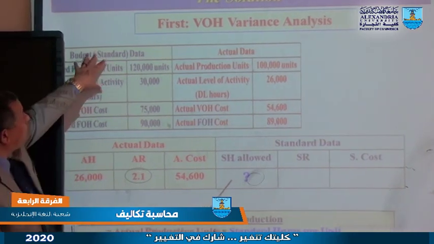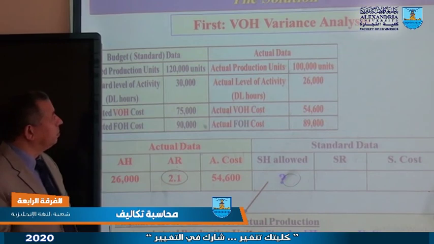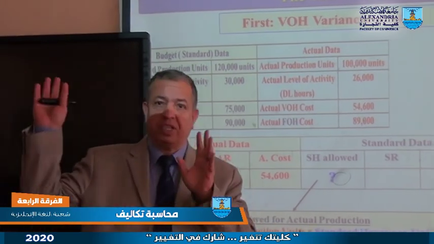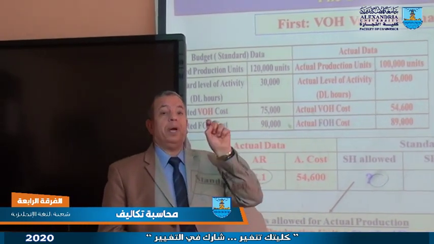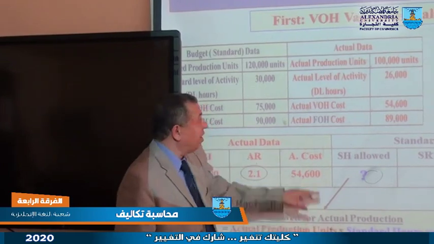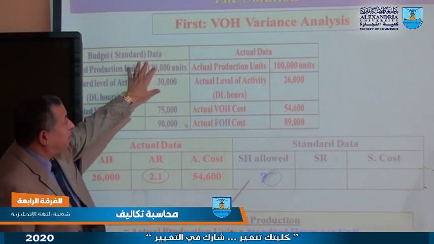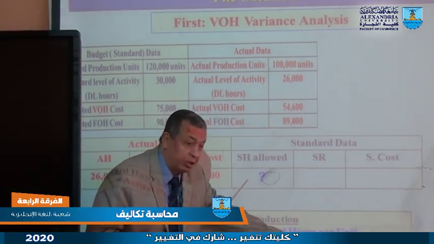Here I have a standard or budget. I don't have per unit. In direct labor, if you remember in my previous examples, I have standard hours per unit. But here I don't have. I have budget. So I have to use the amounts of budget to calculate standard hours per unit.